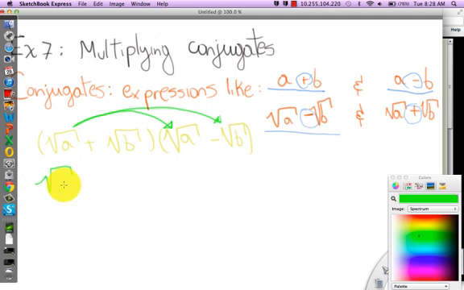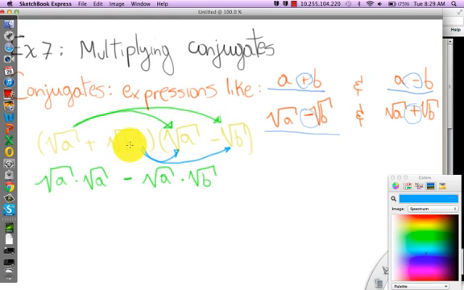So we have square root of a times square root of a. Now a positive times a negative is going to give me a negative square root of a times square root of b. And I'm done with this guy. So I'm going to proceed to multiply the square root of b times the square root of a, and the square root of b times the negative square root of b.